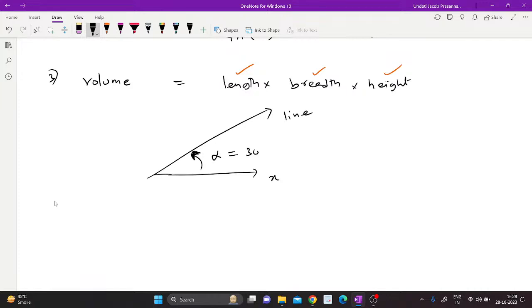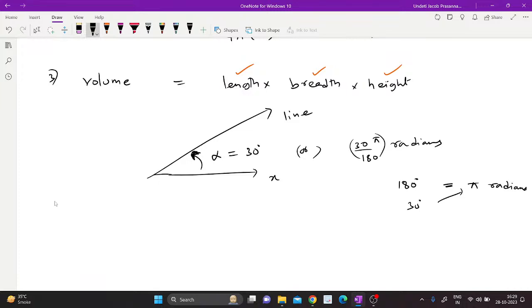So this alpha is equal to 30 degrees, or 30 by 180 pi radians, because 180 degrees is equal to pi radians, and 30 degrees is nothing but 30 into pi by 180.